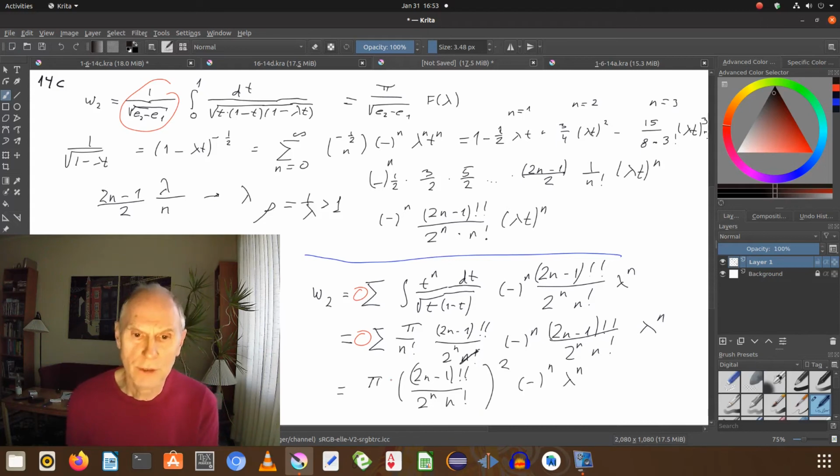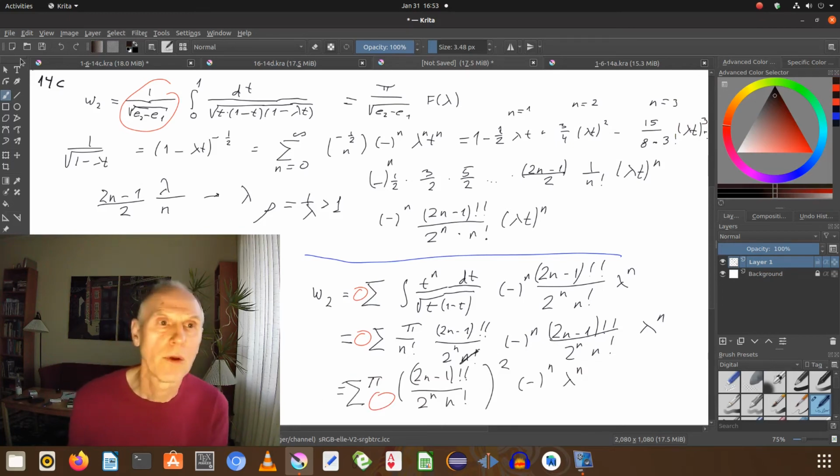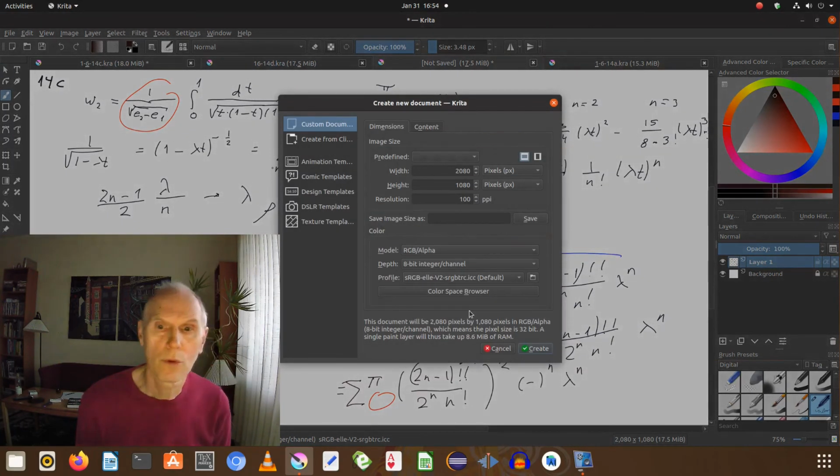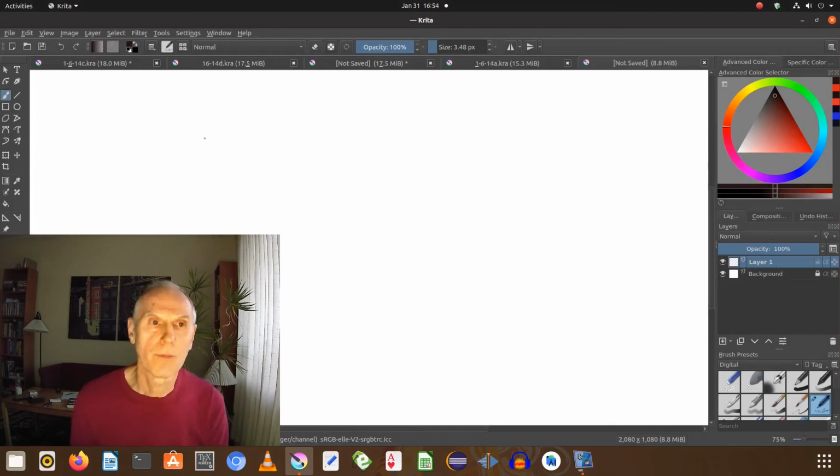Oh, where was the sum and the red guy? So we'll just take only the essential part.